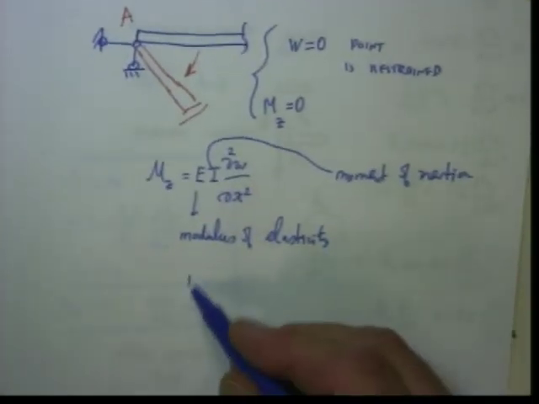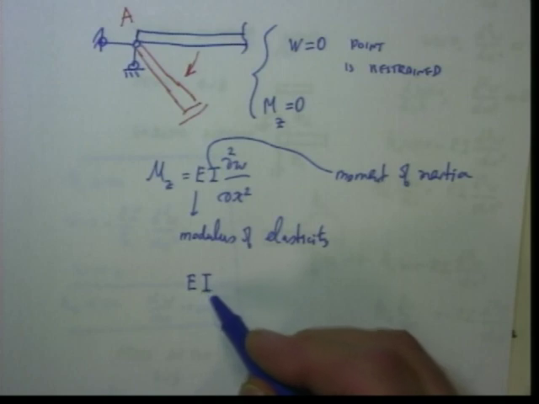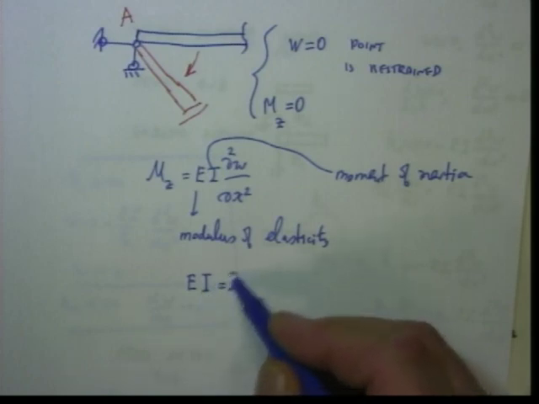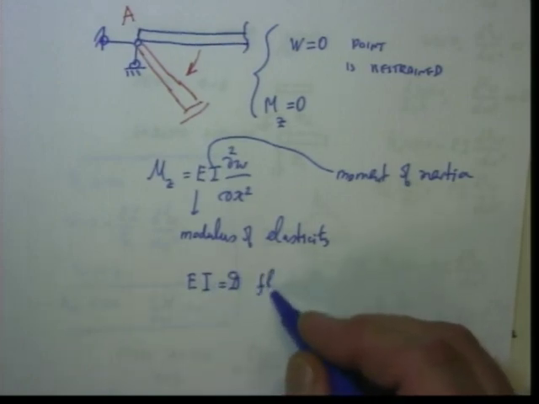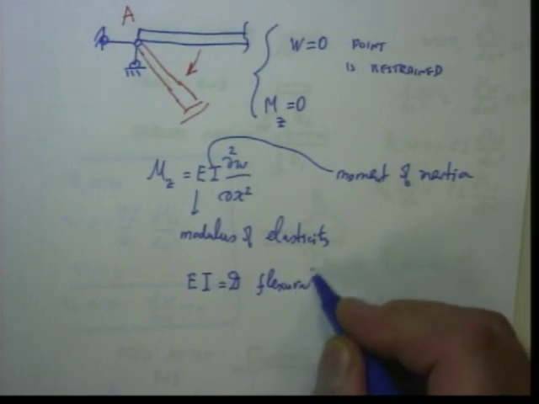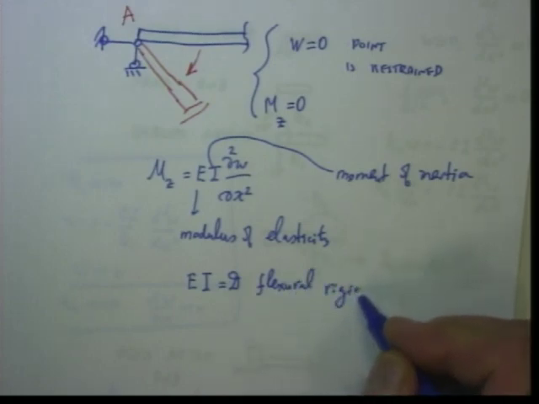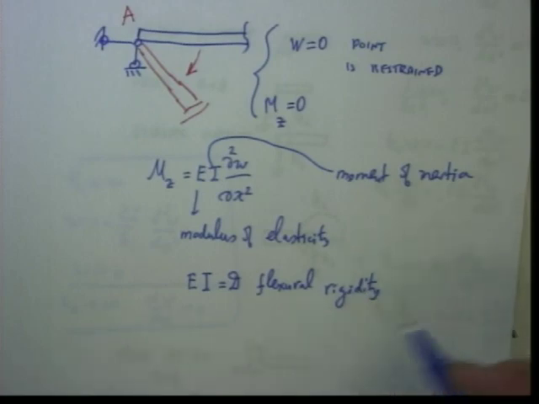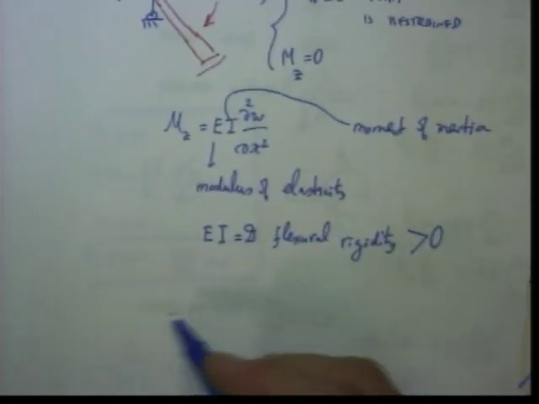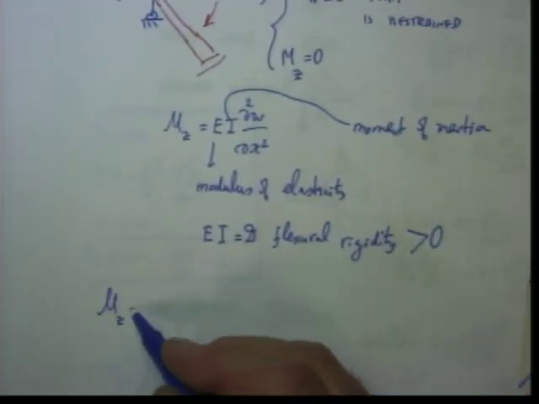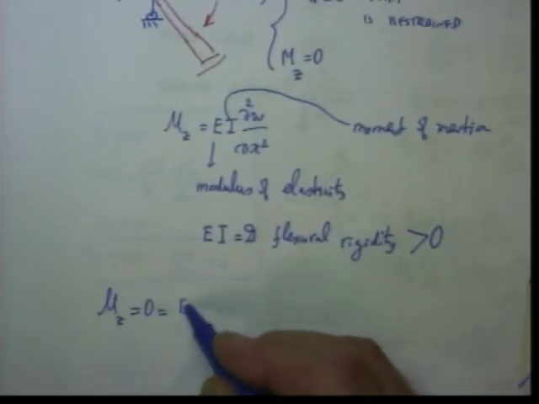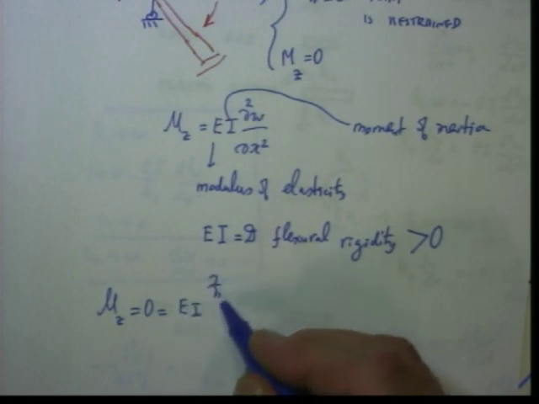Now, modulus of elasticity and moment of inertia as a product is called flexural rigidity. And this flexural rigidity is positive. So therefore, when I write Mz equals 0, it equals also EI d2w dx squared.